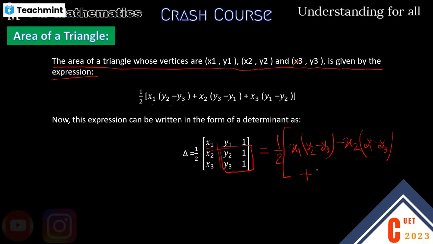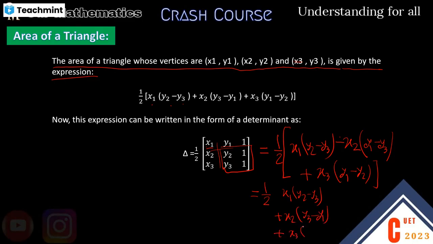Plus the third element x3 into y1 minus y2. Just take the minus inside. What do we get? Half of x1 into y2 minus y3 plus x2 into y3 minus y1 plus x3 into y1 minus y2, right?